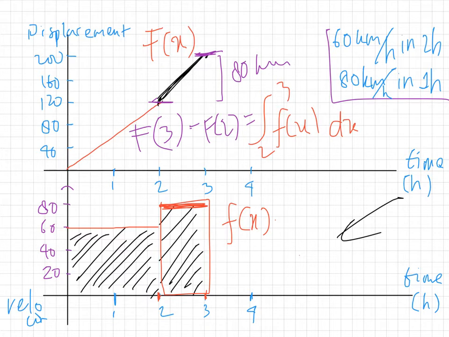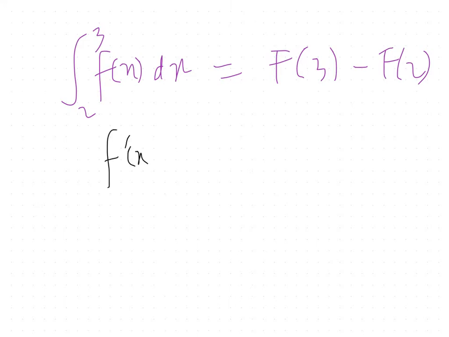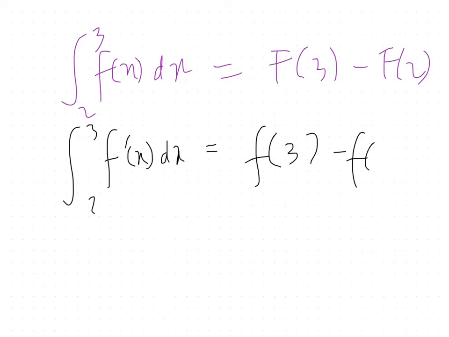Let me move the board. If we go back again, the integration of f(x) dx from 2 until 3 is the same as this. Isn't it the same as saying that if this is a derivative, and we integrate whatever the result of the derivative is, it goes back to the original function, F(3) minus F(2), which comes from here?